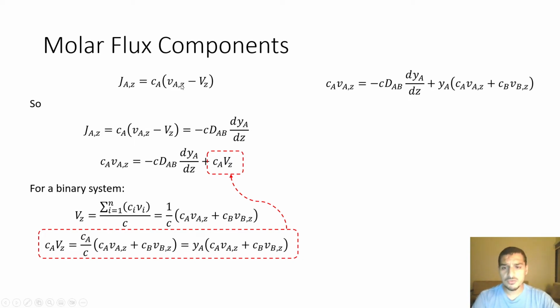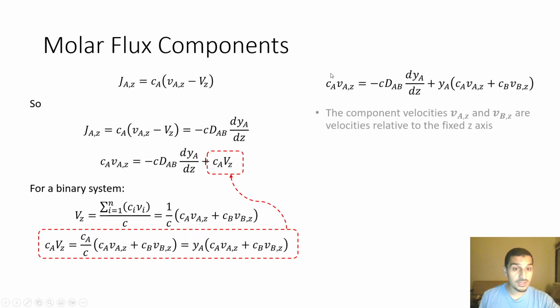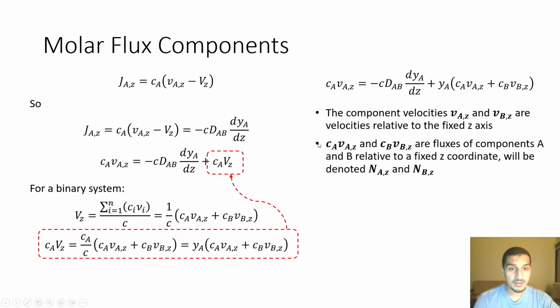And as we mentioned before, C_A multiplied by V_Az is the flux of the species A, which is the actual flux with respect to a fixed point in space. So it's the actual flux, and these velocities are the actual velocities. So again, C_A V_Az and C_B V_Bz are the fluxes of the components A and B relative to fixed z coordinates, and we can put them in the form of N_Az.